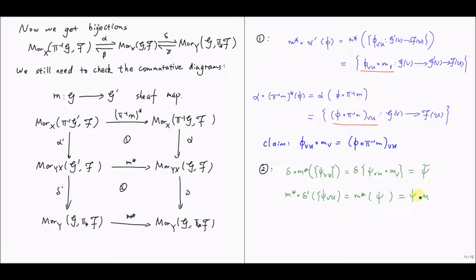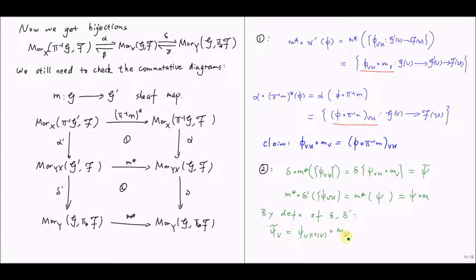To prove that they are the same thing, we will apply both of them to open subset V. By definition of delta and delta prime, psi tilde sub V will be equal to psi sub V U, and this U will be replaced by pi inverse V, which is the definition of delta.